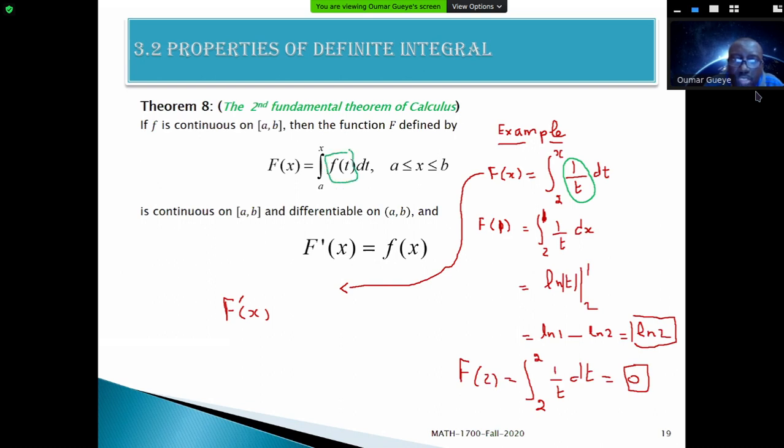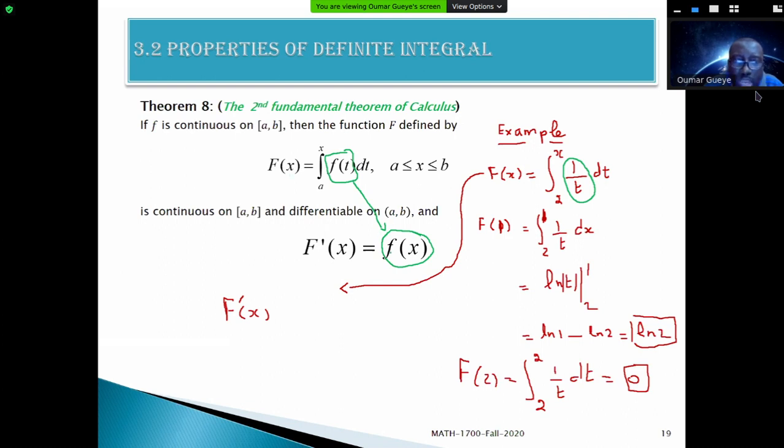The formula says that to differentiate such an integral, you take the same function that you have inside the integral, and you replace the t by x, because t is the variable of integration and x is the variable of the function.